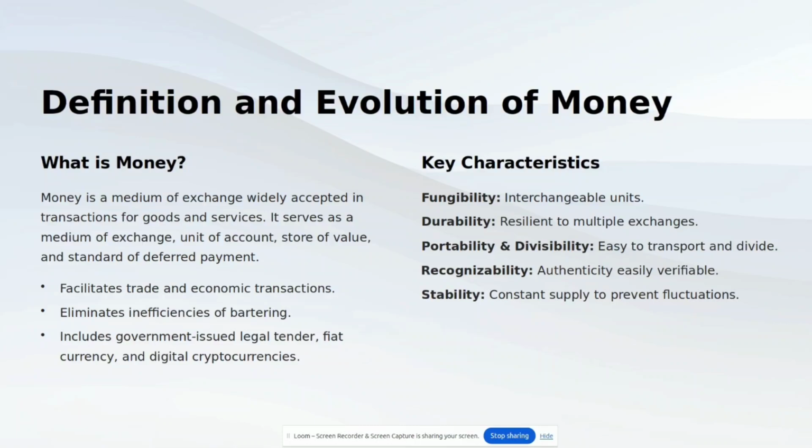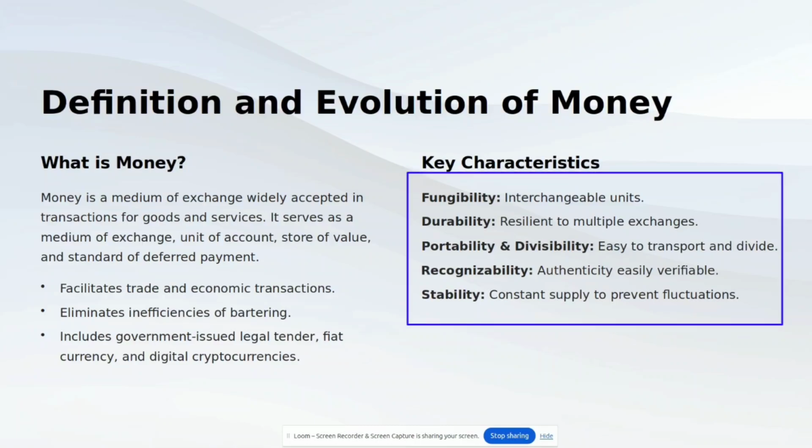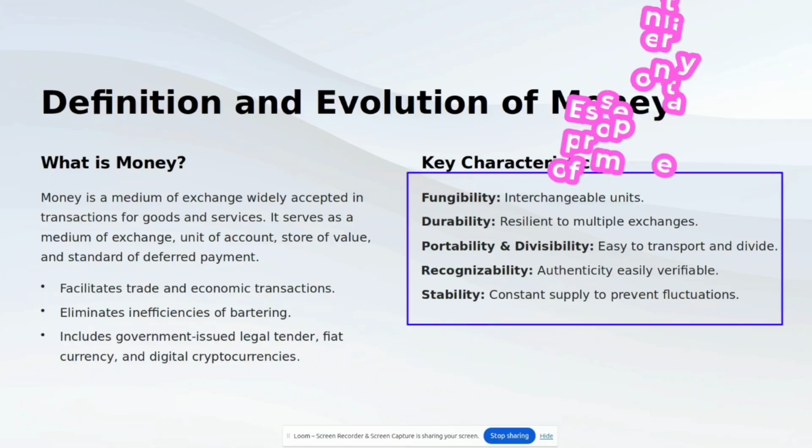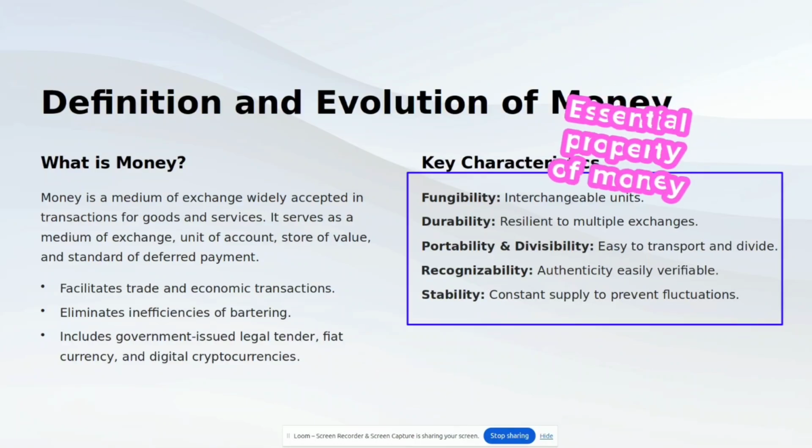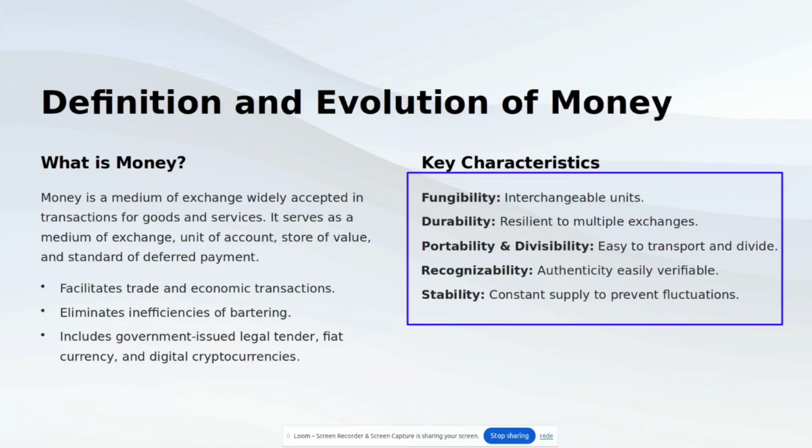And what are the characteristics? You may also call it essential properties of money. So those are fungibility, interchangeable units. Secondly, durability, which means resilient to multiple exchanges.